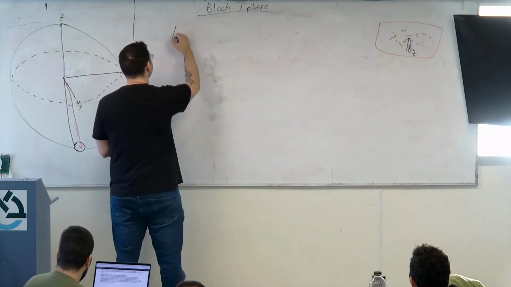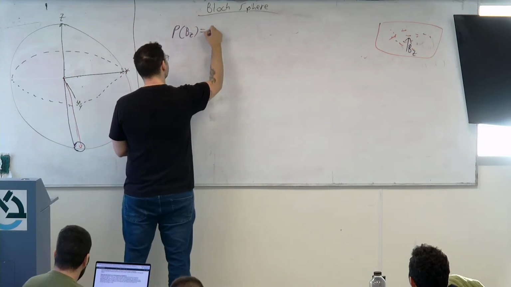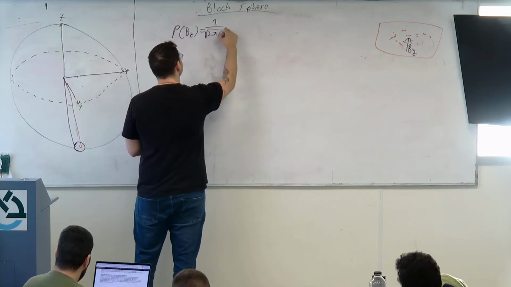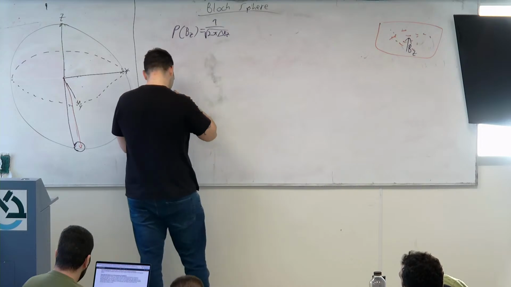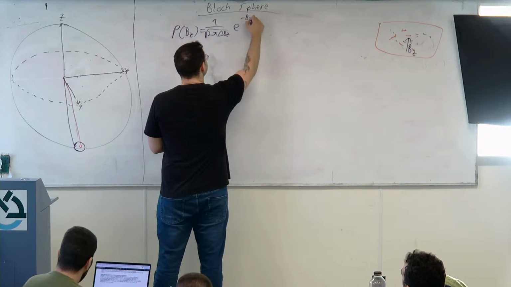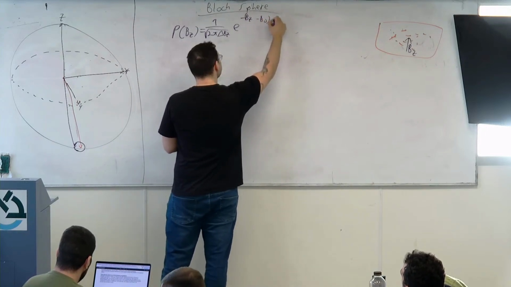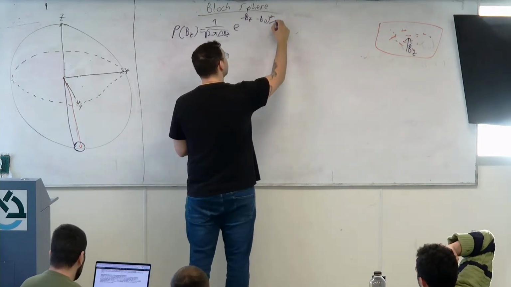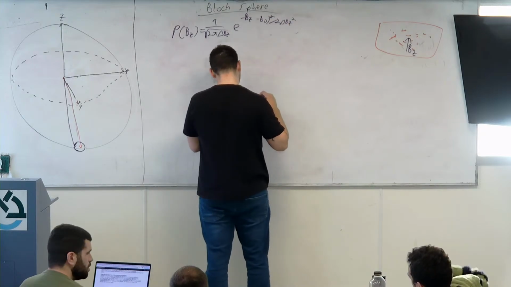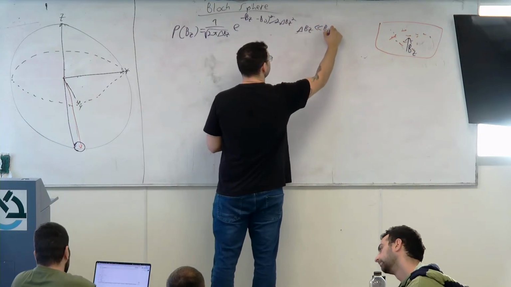The form is P(Bz) equals 1 divided by the square root of 2 pi delta Bz, times e to the minus (Bz minus B0) squared divided by 2 delta Bz squared, where delta Bz is much smaller than Bz.